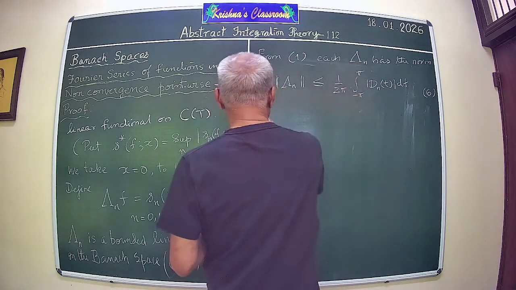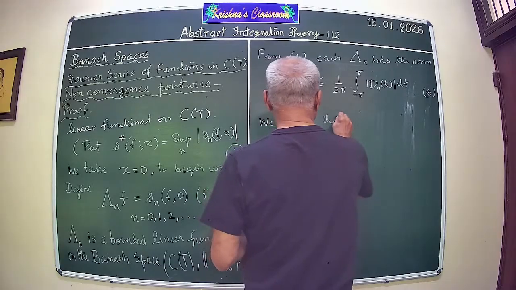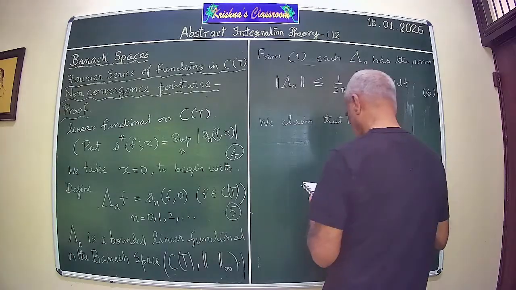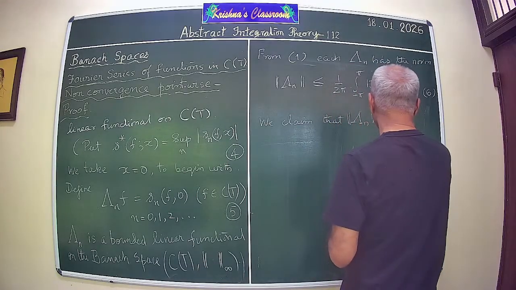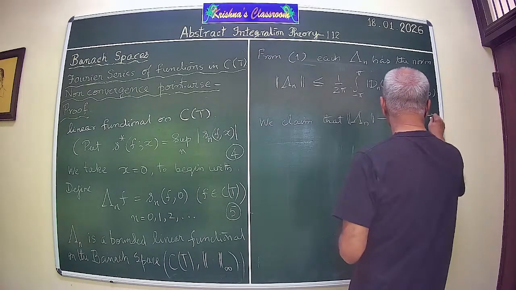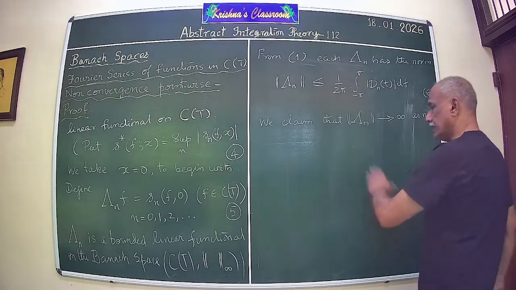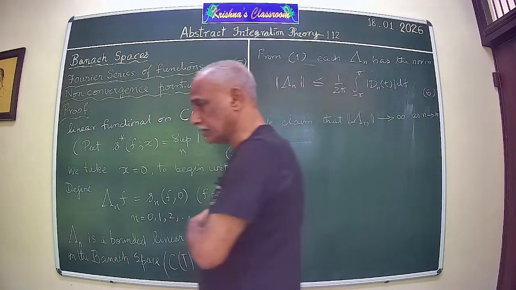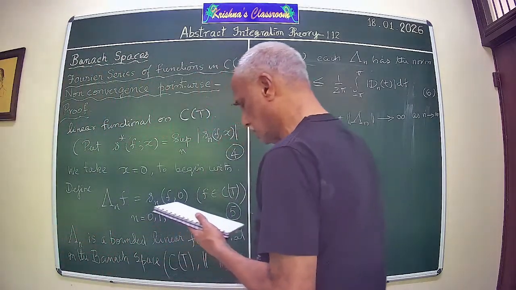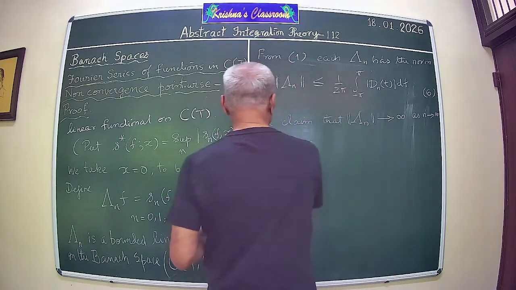Now we claim that this goes to infinity as n tends to infinity, from which we can apply the Banach-Steinhaus theorem and arrive at the conclusion. So this is done as follows. In fact, we give the outline of the proof.